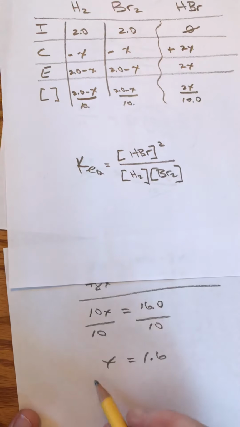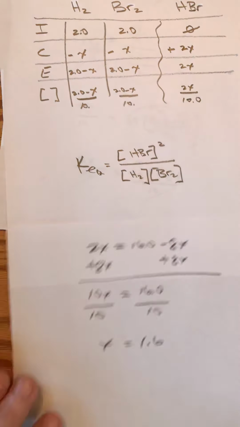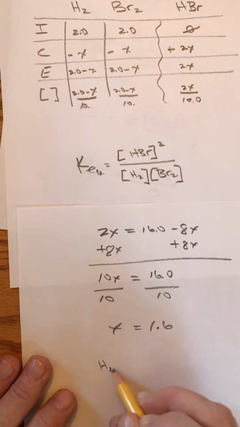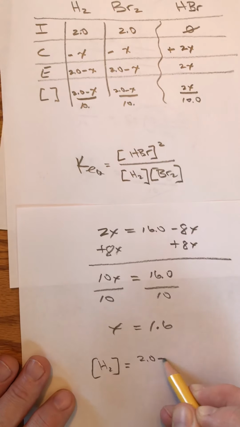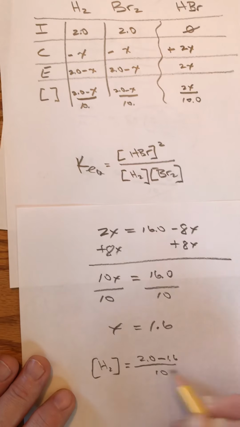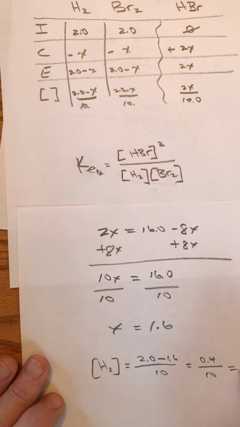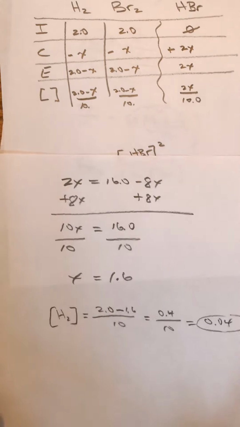So there's a lot of algebra to solve it for this mythical x, but x takes me back to here. H2 is equal to 2.0 minus 1.6 over 10, which is 0.4 over 10, which is 0.04. That's one of your equilibrium concentrations.